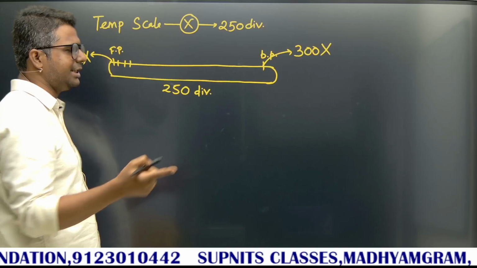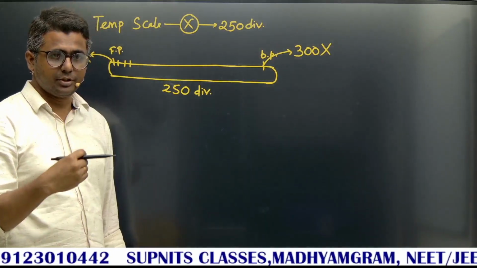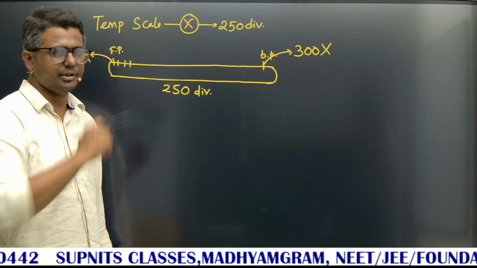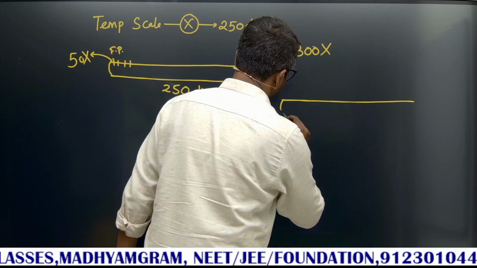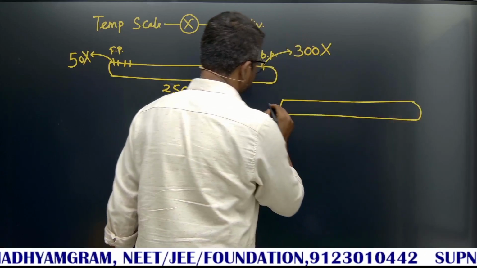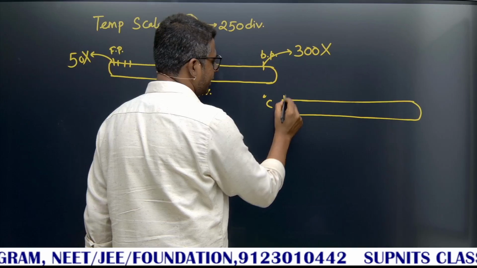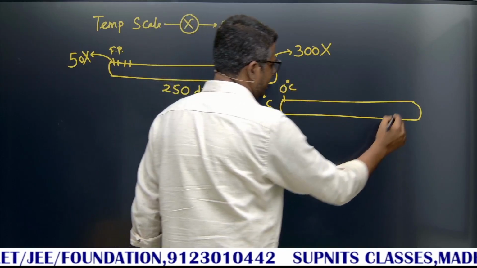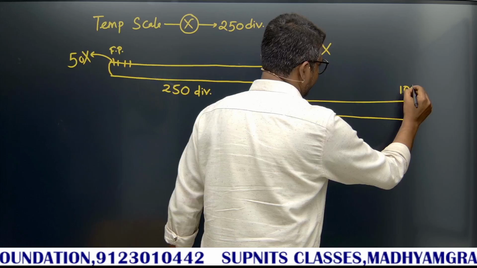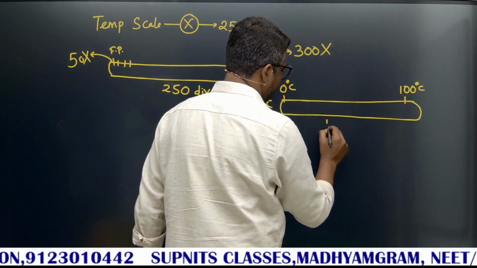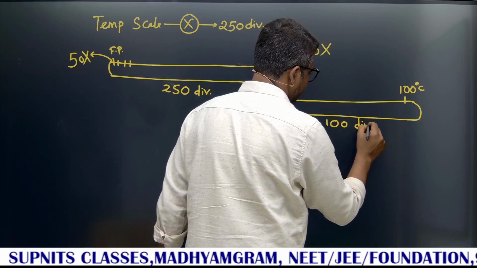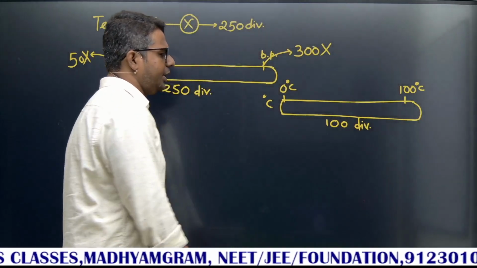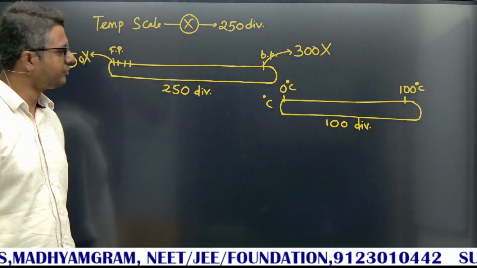If it was a Celsius scale, it would have been written as 0 degrees Celsius, 100 degrees Celsius. So, I will draw a Celsius scale also over here. So, this is a Celsius scale, degree Celsius. Here it is 0 degrees Celsius, and here it is 100 degrees Celsius, and here we have 100 divisions. Okay, clear?